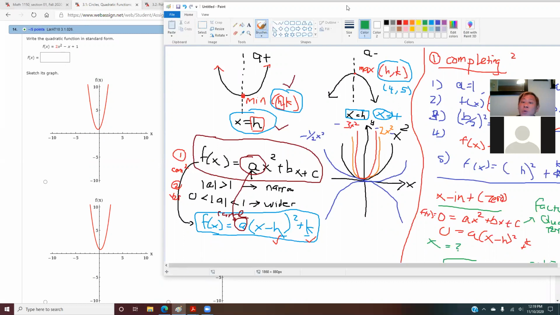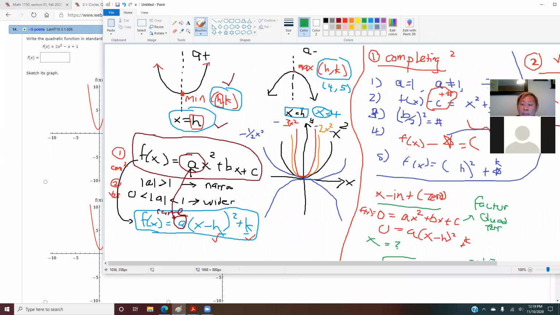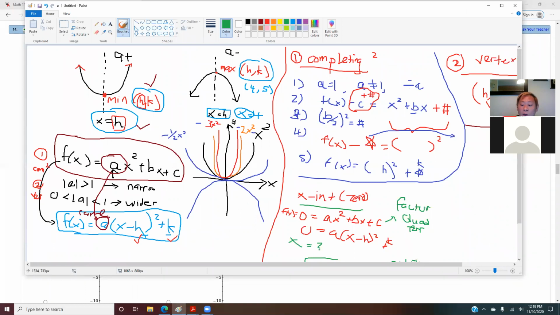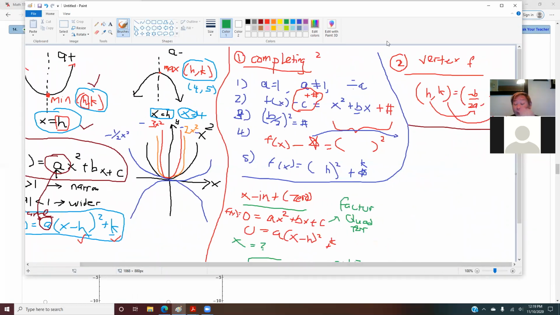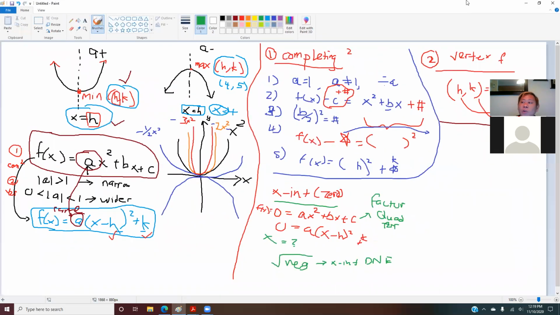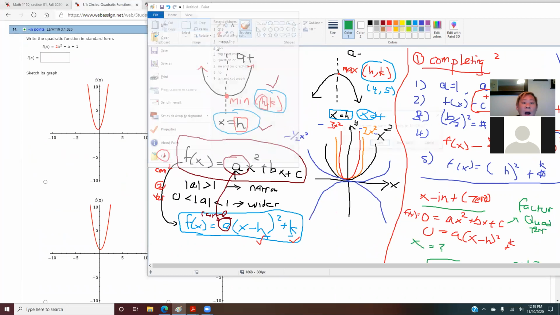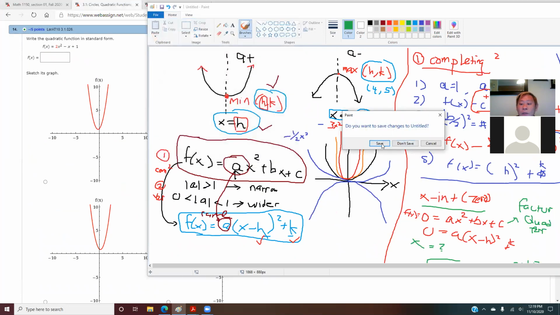So there are 2 ways you can do it. You can complete the square, following these 5 steps, or you do your vertex formula. I'm going to do both for this question, so you know what to do in your test. It's up to you which way to do.